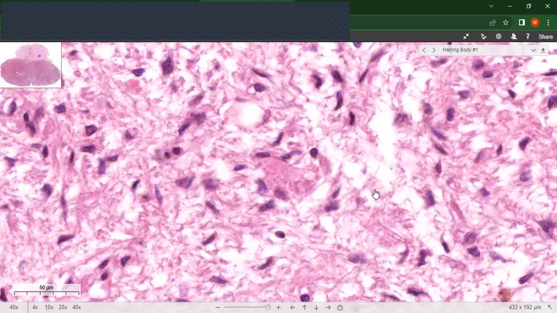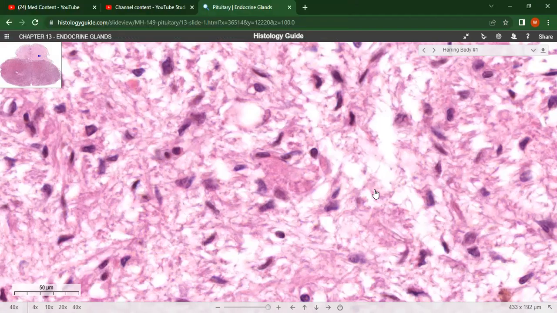Maybe I should have said the parts of the neurohypophysis, as I did for the adenohypophysis. The parts of the neurohypophysis include the median eminence, pars nervosa, and the infundibular stalk.